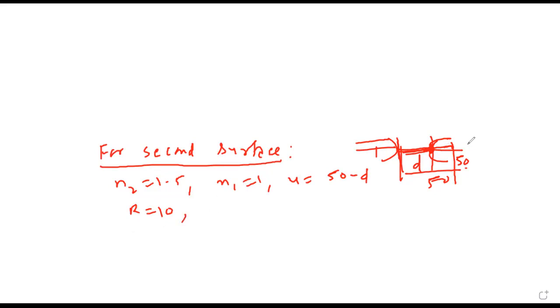And they are telling the ray is becoming parallel, so the final image is getting formed at infinity, correct? The ray is becoming parallel after going inside. Yes, is it clear?